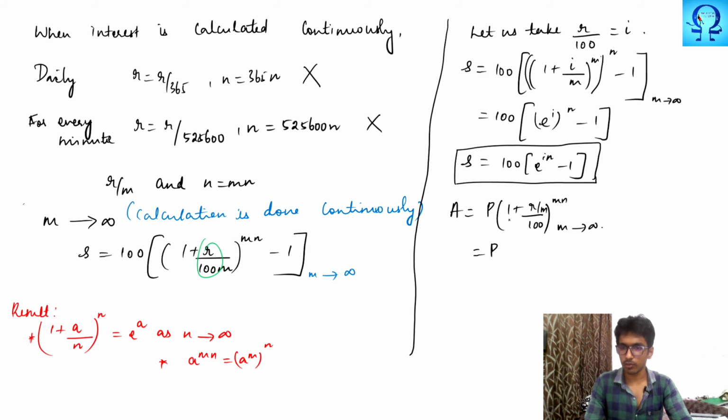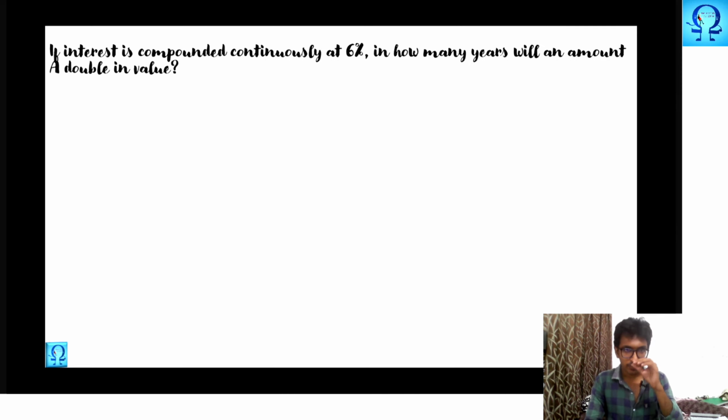This P would be as it is, and this one we shall write as (1 plus I upon m) to the power n. So just like we have done here, we are going to get e power I n. So this is going to be the total amount, with which we shall proceed to the problems that we have.